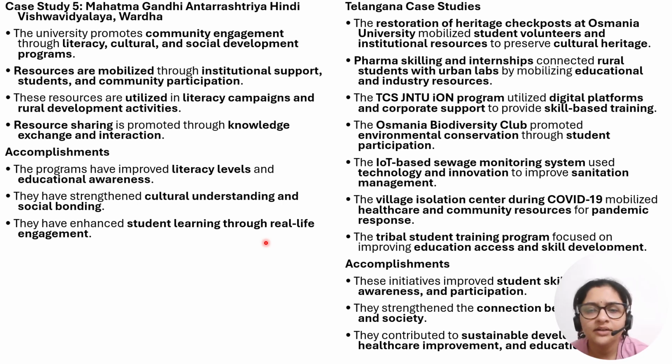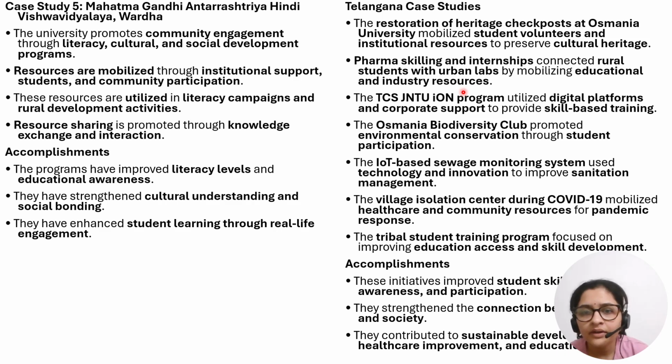So this is the typical Telangana case study. This includes restoration of heritage checkposts at Osmania University. It mobilized student volunteers and institutional resources to preserve the cultural heritage. One more is pharma skilling and internship connected with rural students and urban labs.